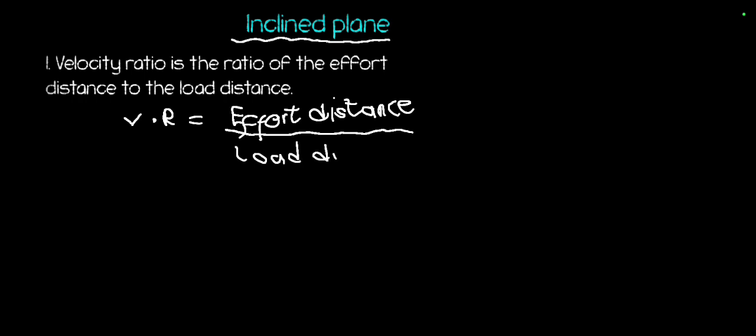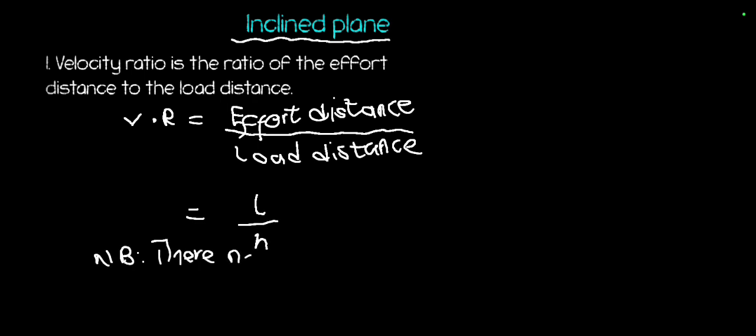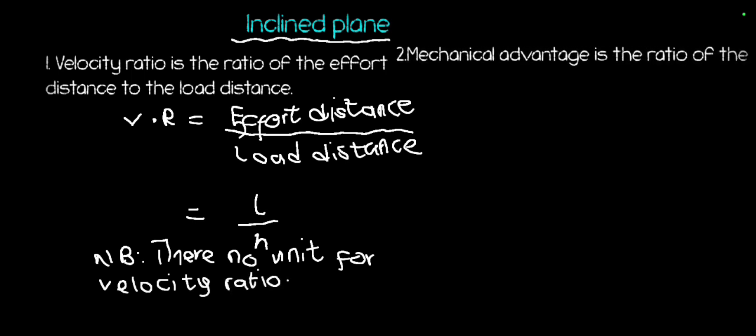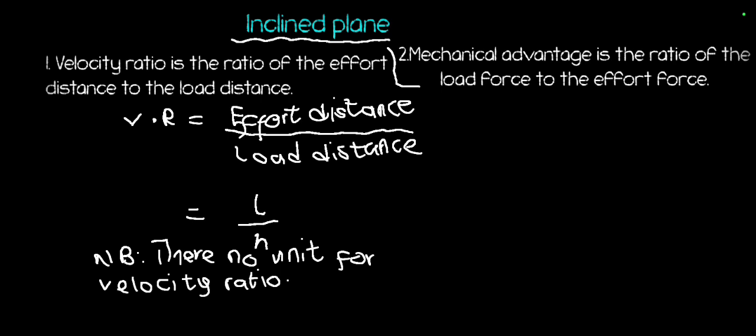You remember from the earlier diagram that we represent effort distance, that's the length of the surface, L, over the vertical component, height H. So that's the load distance, H. There is no unit for velocity ratio. You have to know this because the distance meters cancel out.